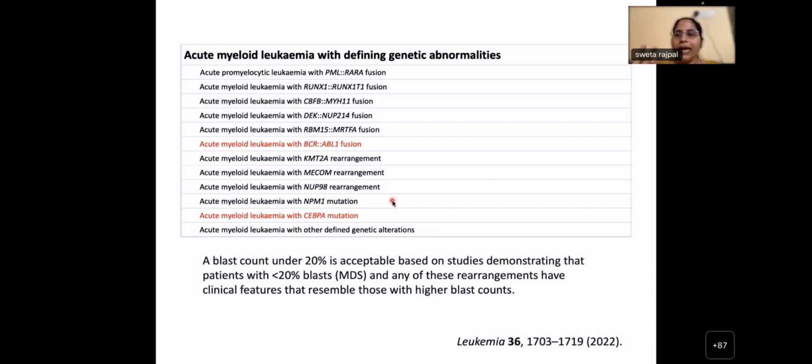They have the same biological process and they behave similar. So that is why this cutoff was taken off. So apart from AML with BCR-ABL1 and AML with CEBPA mutation, if you find all these other translocations, it is straight off classified as AML. Okay.